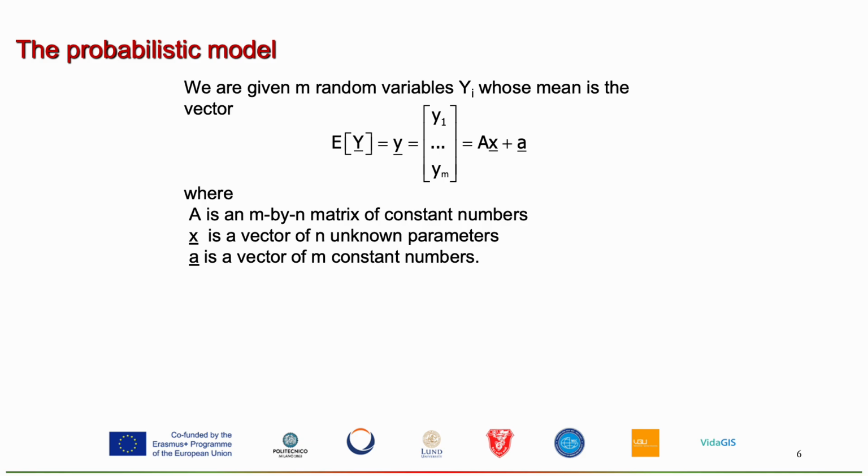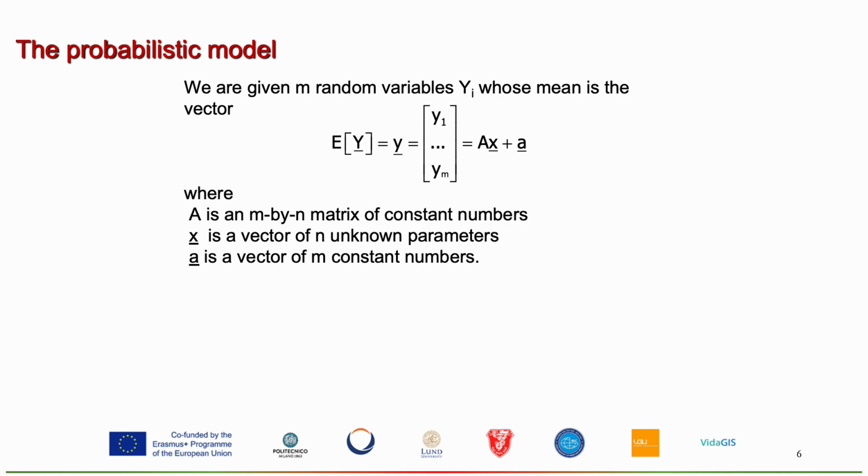The expectation of the vector capital W is a certain vector y_1, y_2, up to y_m, which is related to a certain set of unknowns that we will call x by the linear mathematical relation capital A x plus a equal to y, where capital A is a matrix with m rows and n columns.